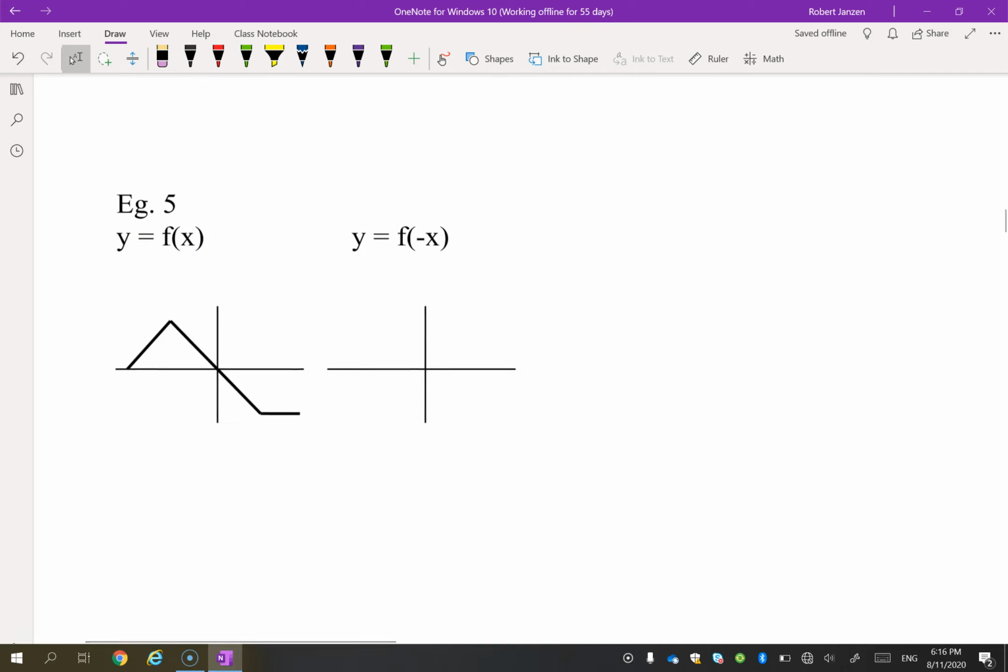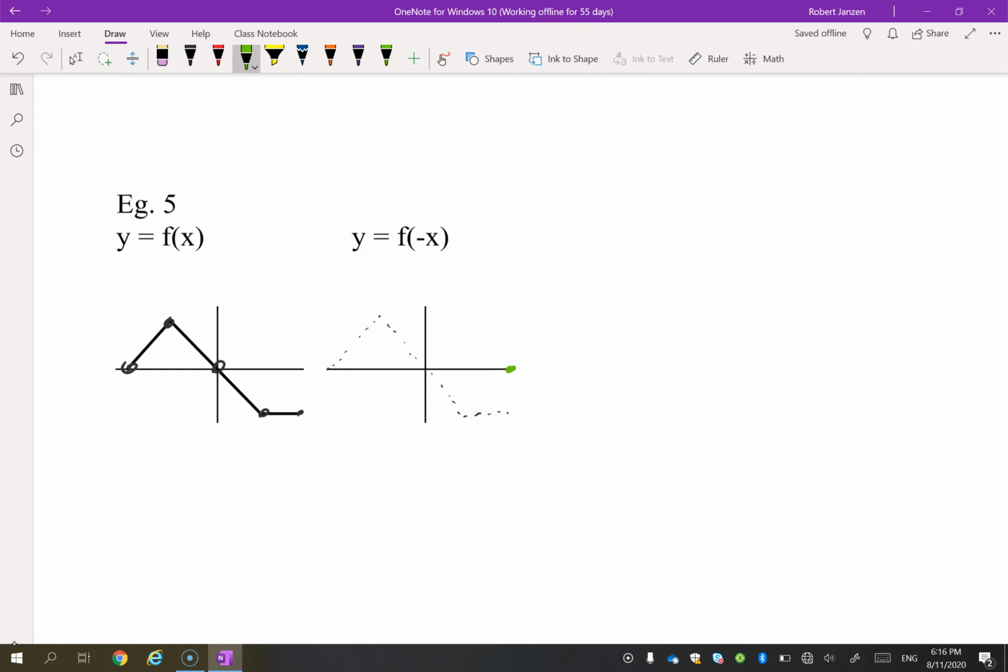Okay, let's try this one. Again, I like taking the points and actually flipping them, and I like doing it on the same graph. As I mentioned earlier, on your exam you might see this: it gives you the same graph and you're supposed to reflect those. So let's put this here.